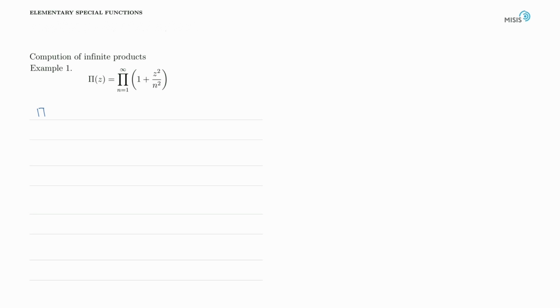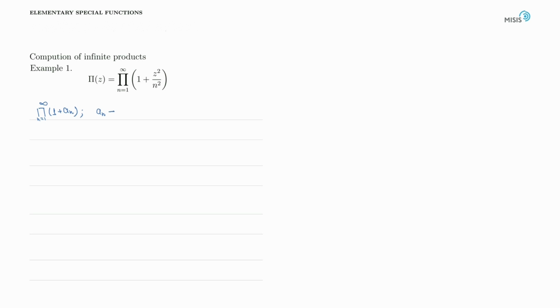So suppose we have the following infinite product. Usually it's written in the form 1 plus a_n, like that. So why? Well, because when you multiply term by term, in order for the whole thing to converge to something finite, you want every term to become closer to unity when n goes to infinity.